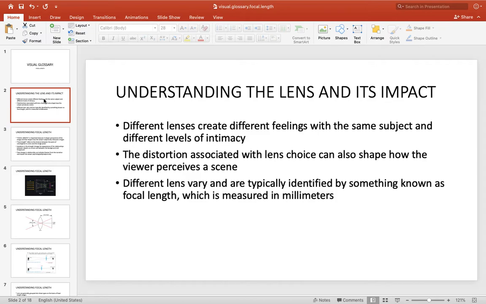That number is measured in millimeters, okay, like a 50 millimeter lens, right? And that sometimes can be confused for types of film stock, right? Like sometimes we say that a film is shot on 35 millimeter. Well, that can be confusing because there's a 35 millimeter lens as well, right?